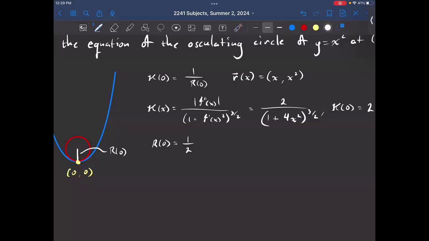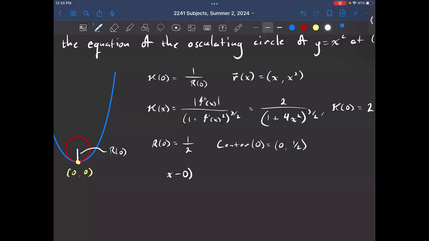So our center at 0 is 0, 1/2. All right. By the way, computing this center is why finding the osculating circle can be a real pain in the butt. Okay, so those are the only things that we need for the equation of a circle.